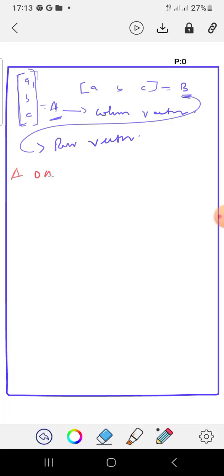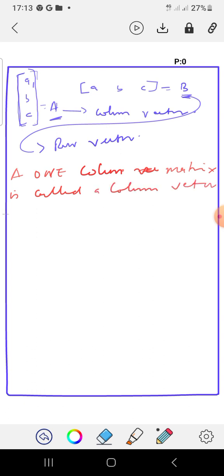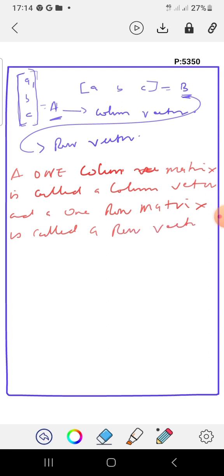A one column matrix is called a column vector, and a one row matrix is called a row vector. All right, so know that one.